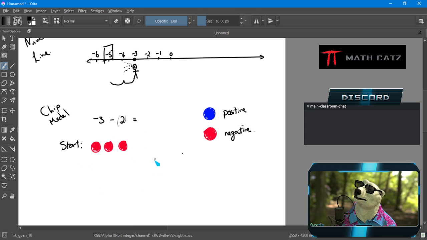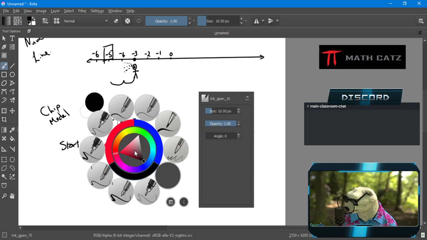So I need to adjust the chips that I see while not changing the net amount, the net value that I have. I can do that by introducing a positive negative pair.